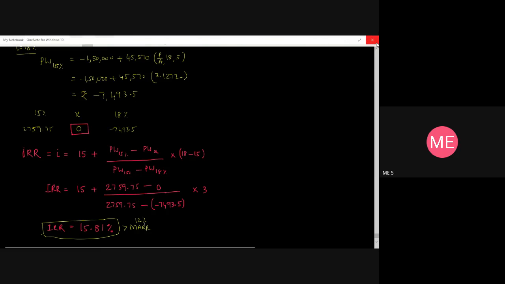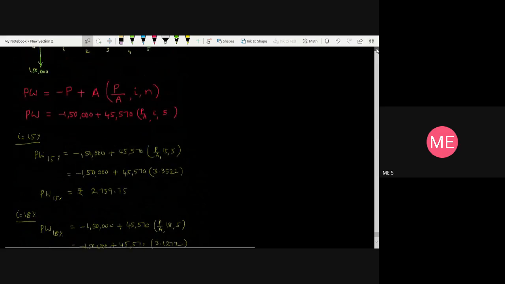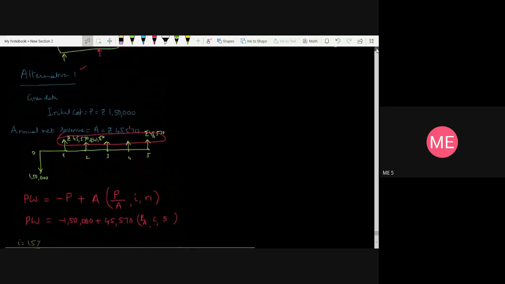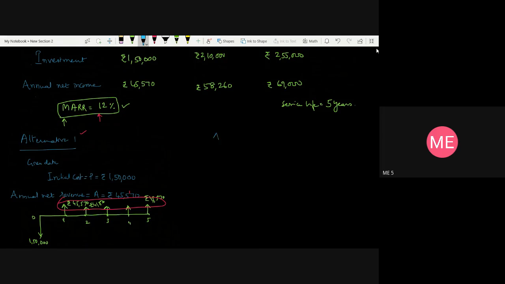Now we'll go to the next alternative 2 in the same fashion. What is the initial cost for alternative 2? It is given as 2 lakh. Now we'll take alternative 2. In this case, the given data is initial cost of rupees 2,10,000, and a similar procedure I'm going to follow as in the case of alternative 1.